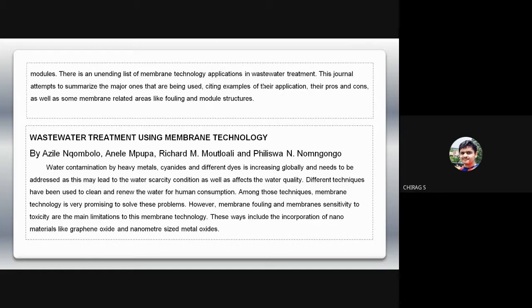Different techniques have been used to clean and renew the water for human consumption. Among those techniques, membrane technology is very promising to solve many problems. However, membrane fouling and membrane sensitivity to toxicity are the main limitations to this membrane technology. These ways include the incorporation of nanomaterials like graphene oxide and nanometer sized metal oxides.